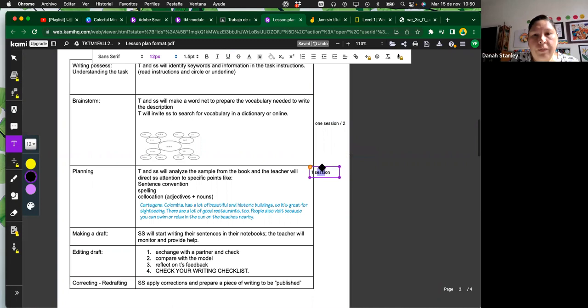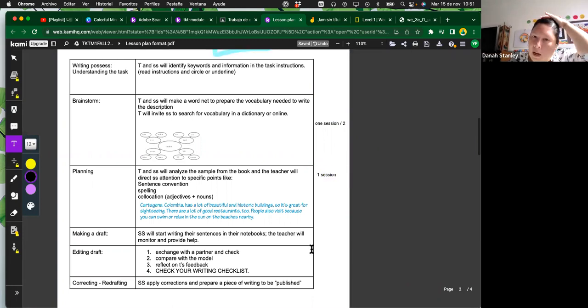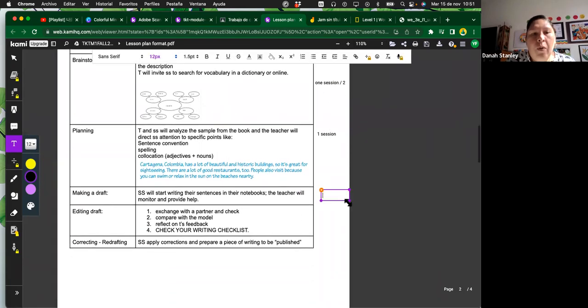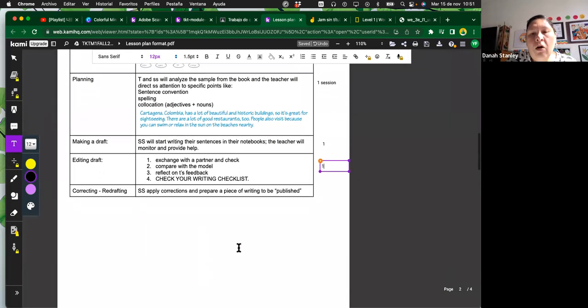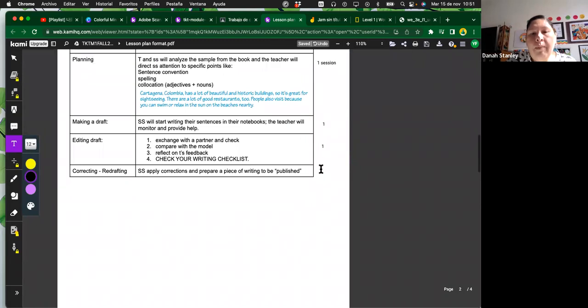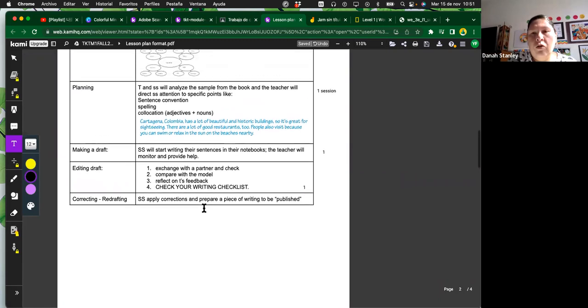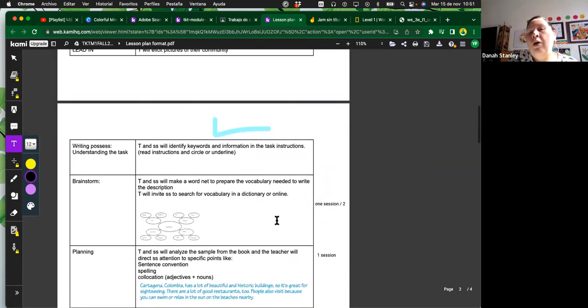In making the draft, I'm observing and evaluating interaction, pronunciation, writing, use of grammar, vocabulary, etc. Then probably another session for exchanging and correcting, changing and correcting. So I have 1, 2, 3 or 4 sessions.